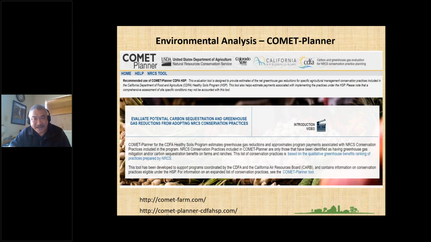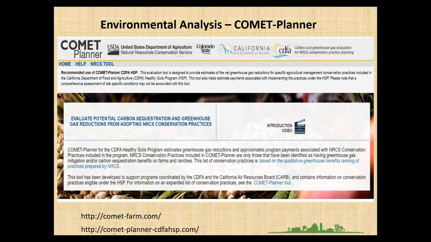It's a basic, easy to use, user-friendly program. This is the home page. Google Comet Planner CDFA. Be certain to select the California Healthy Soils option, which focuses on California crops and typical farming practices for our state.